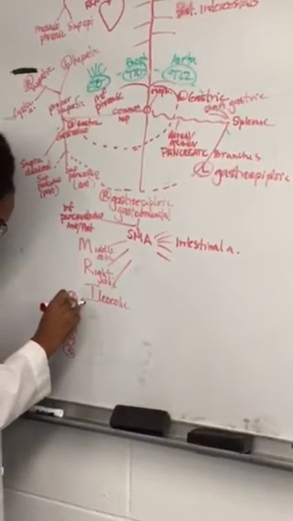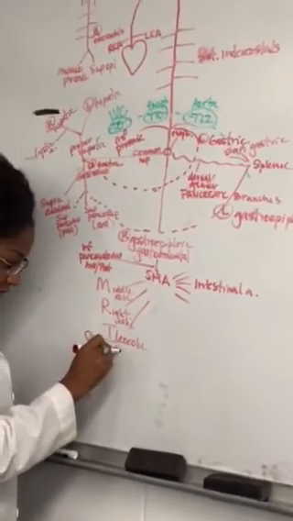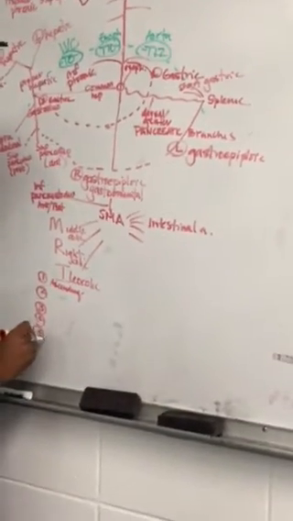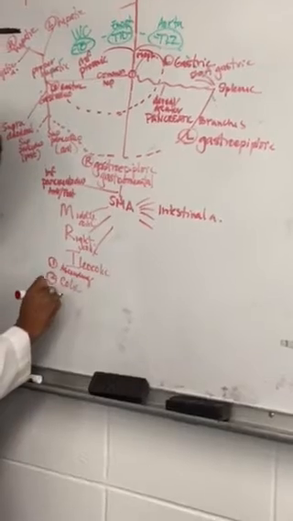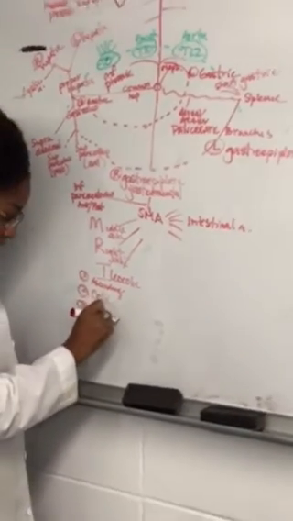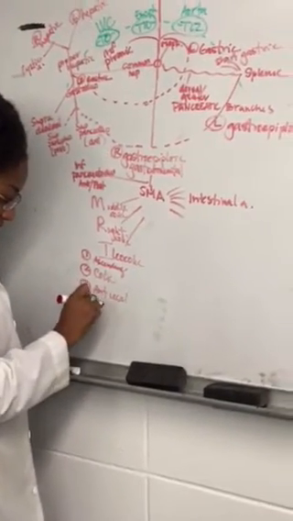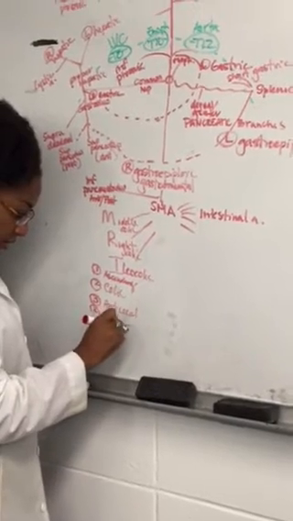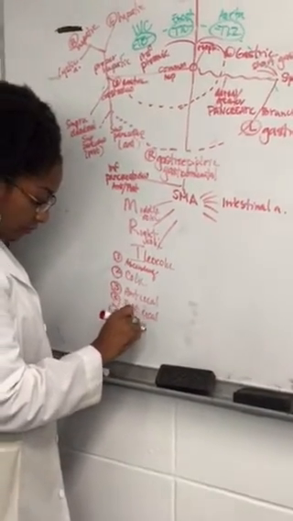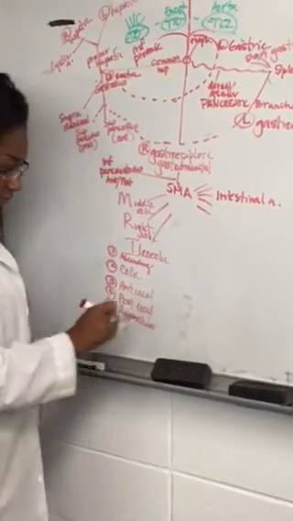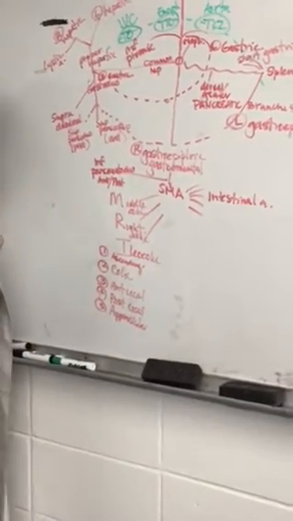Ascending. Ileal. Anterior cecal, posterior cecal, and appendicular. Colonic is up. Okay. Down, ileal and ascending. Anything else off the SMA?